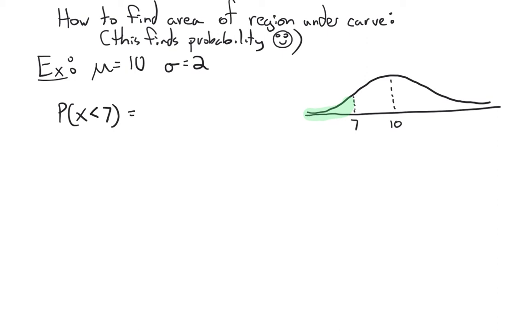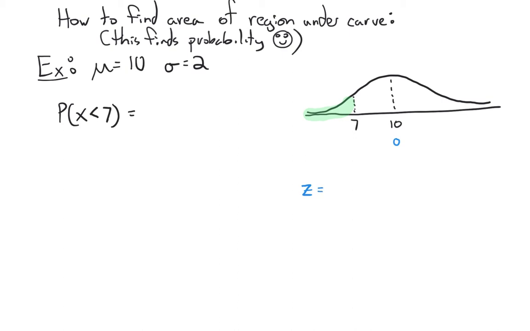So first of all, again, it's really helpful to change this into the language of z-scores. So that's the z distribution, which is the number of standard deviations from the mean. So we know 10, since it's the mean, has a z-score of 0. And let's find the z-score of 7.